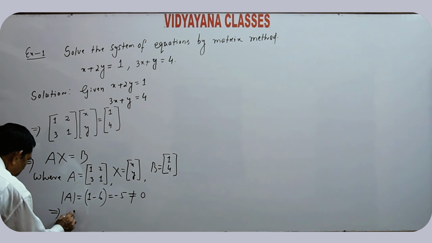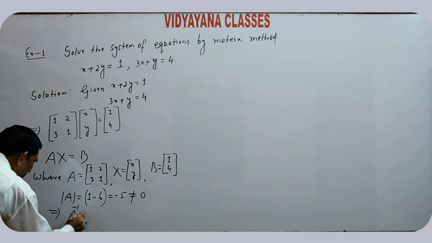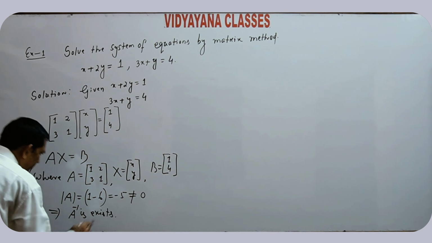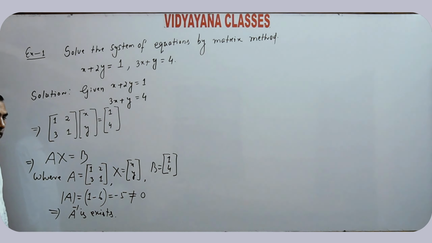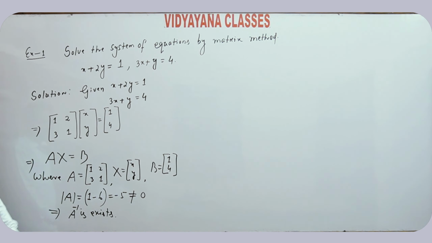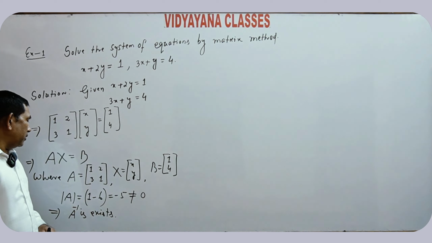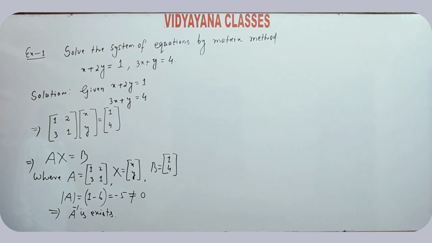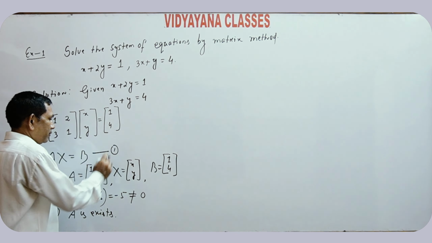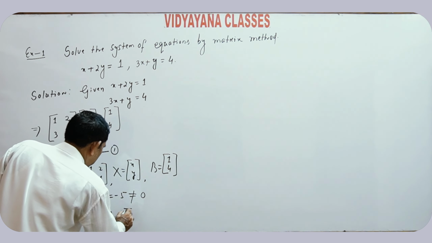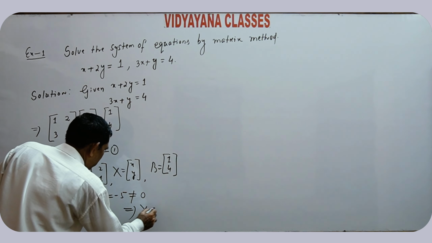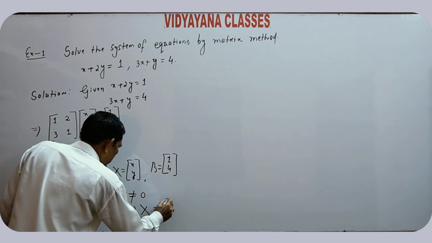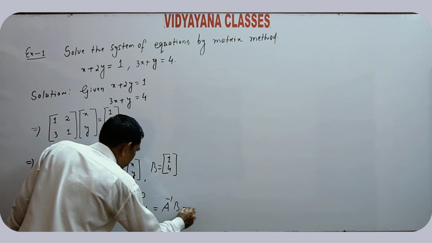Implies yes, A inverse exists, that is A is non-singular. The inverse of A exists since A is non-singular, that means determinant of A is not equal to 0. It is equation 1. Implies X is equal to A inverse into B. It is equation 2.